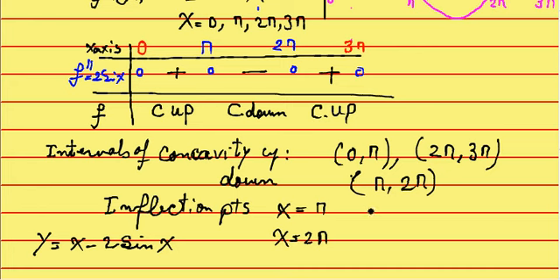So when x is equal to pi, y is equal to pi. Sine of pi is 0, so I don't need to do anything more here. Again, when x is 2 pi, this is 0. The y coordinate of the inflection point is 2 pi.